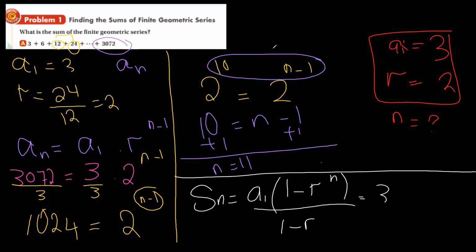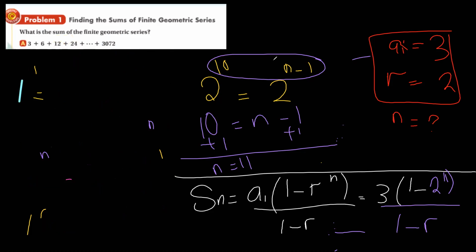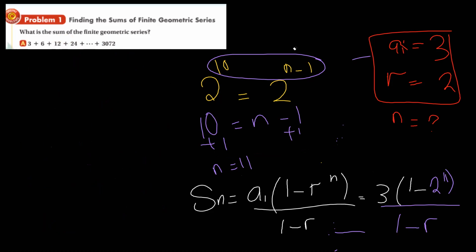A sub 1 is 3, r is 2, and this 2 is raised to the power 11, over 1 minus r, which is 1 minus 2. Then so here, it's 3 times 1 minus.